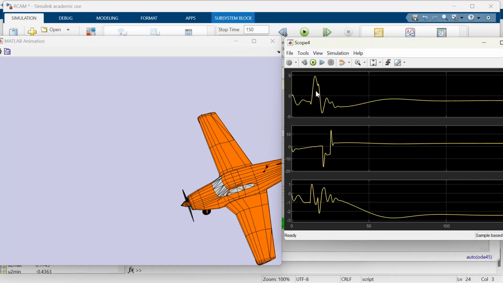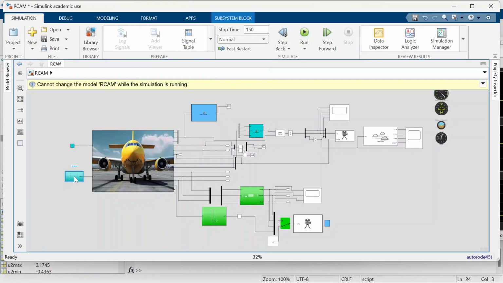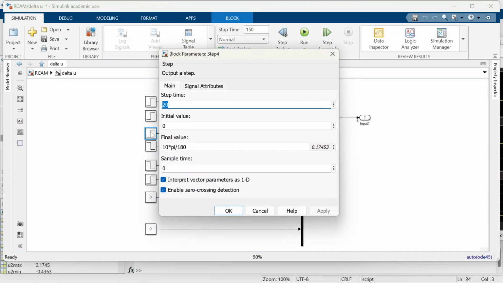So that's it. And we have a sudden spike over here. That is because in the Simulink model, we have inputted here at a particular second how much deflection we need.